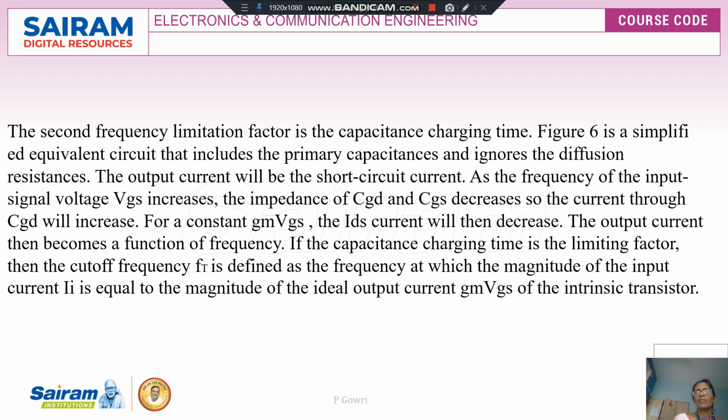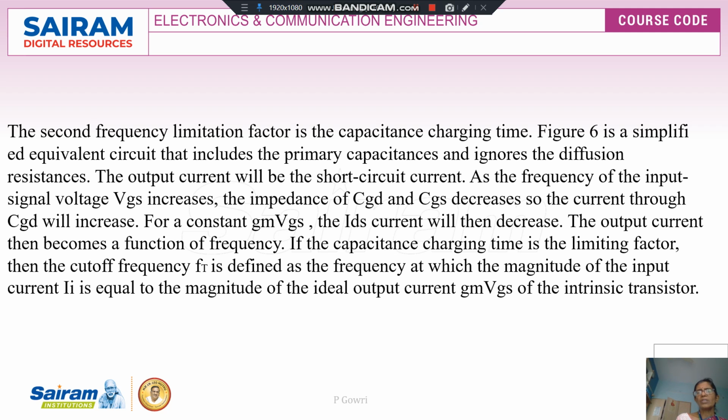The output current will be a short circuit current. As the frequency of the input signal voltage increases, VGS increases, the impedance of the CGD and CGS decreases, so the current through the CGD will increase. For a constant Gm VGS, the IDS current will then increase. The output current then becomes a function of frequency.